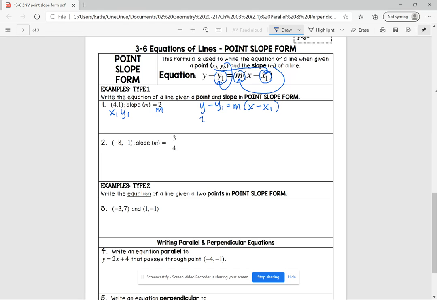So I do not substitute in y, and y1 is 1, so y minus 1. My slope is 2, and x minus x1 is 4. That's it. I stop right there.